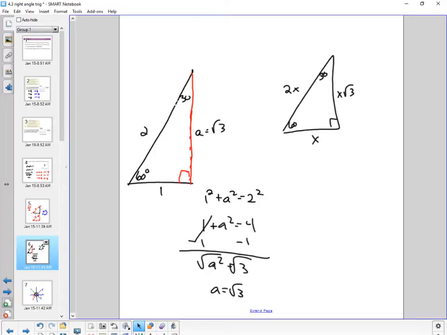So that's a 1. It doesn't matter, you could call it a however you want. But what you really do need to remember is that opposite 30 is the 1, and opposite 60 is the radical 3.